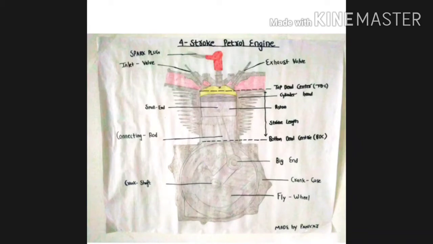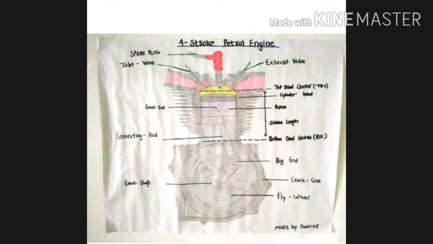Spark plug plays a very vital role in the SI engine. Without a spark plug, a petrol engine cannot ignite the air fuel mixture in the combustion chamber. In the combustion chamber, we require a little bit of spark. Without spark, the petrol engine cannot ignite the fuel mixture, because it works on the Otto cycle.